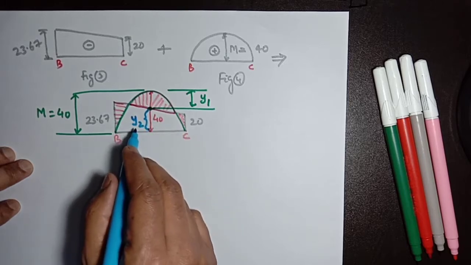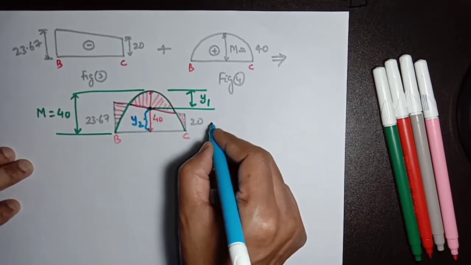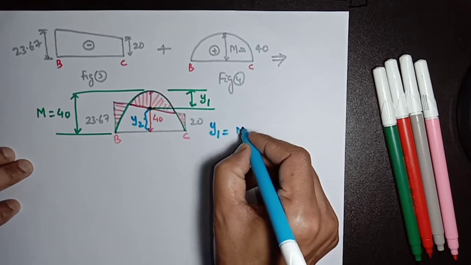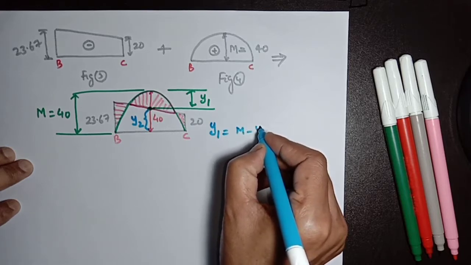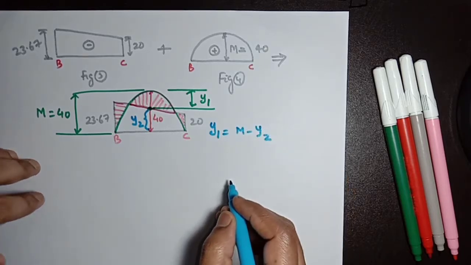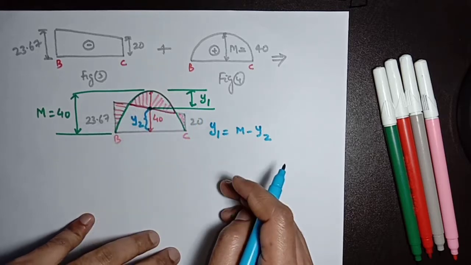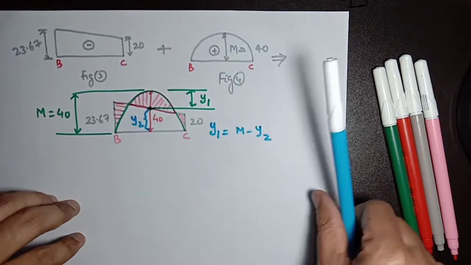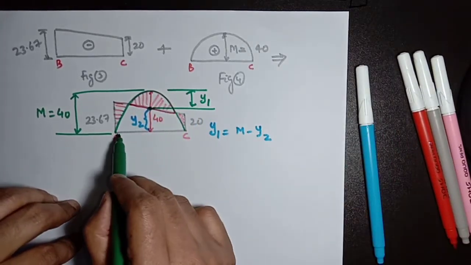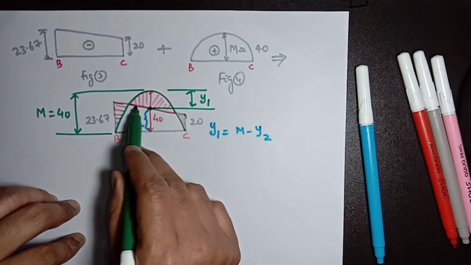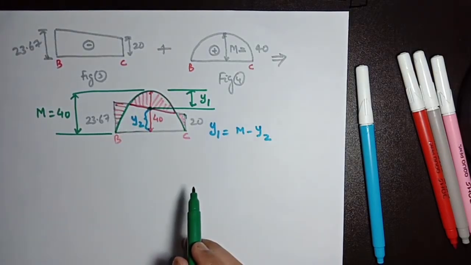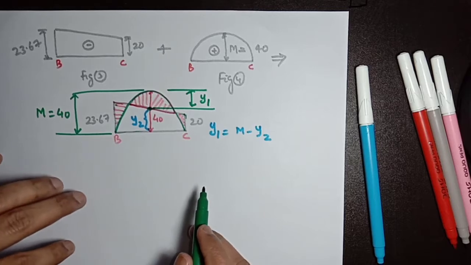If we are able to calculate this y2, then y1 will be M minus y2. And we can calculate y2 very easily, as the support moment profile is a trapezoidal shape. So from similar triangles we can calculate the value of y2 here.